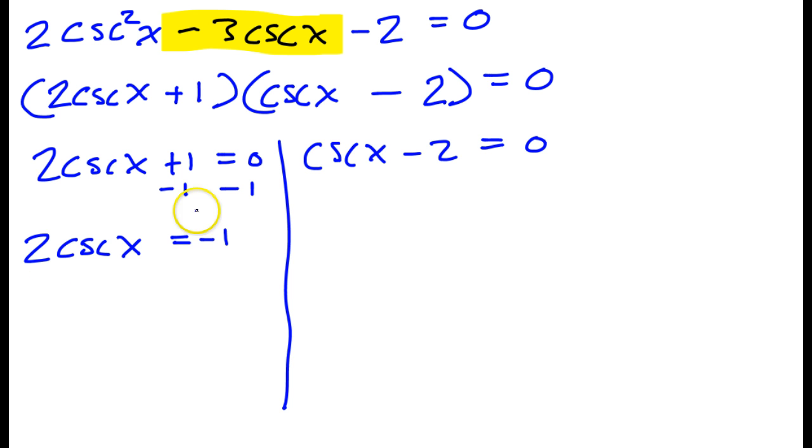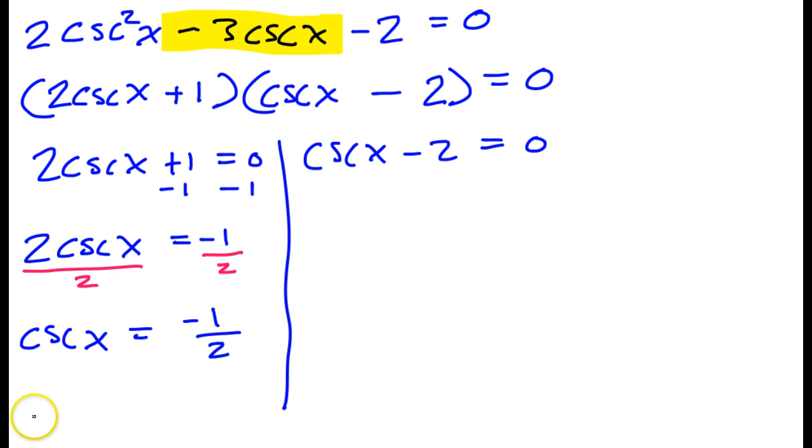And dividing both sides by 2 gives me cosecant x equals negative 1/2. Alright, that's as far as I can go there before I can get my actual solutions. Meanwhile, over here, I'm just adding 2 to both sides. So that's going to give me cosecant x is equal to 2.